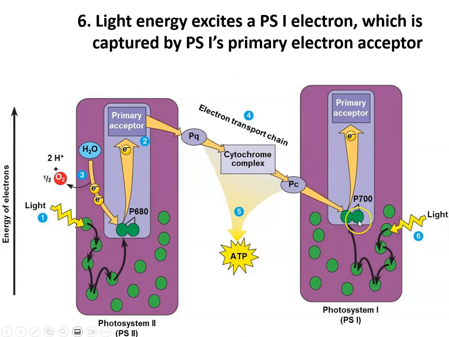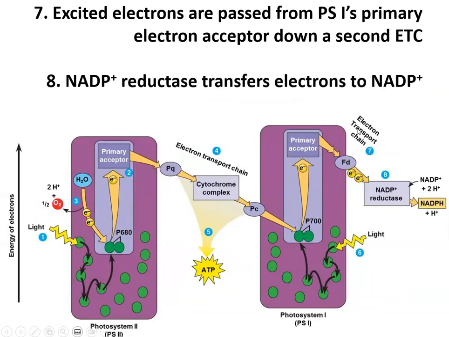Then that excited electron will arrive at its primary electron acceptor. And then down a second electron transport chain. Ultimately, this electron transport chain ends with the final electron acceptor in the light-dependent reactions, which is NADP.